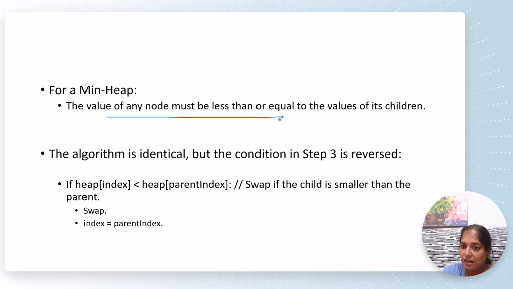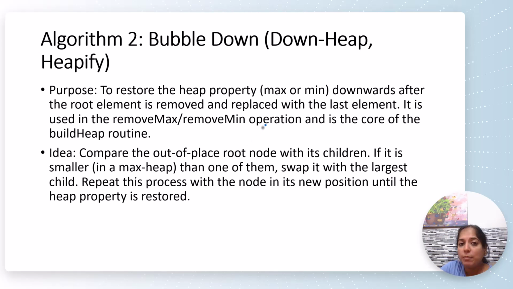If it is a min heap, then your condition will be changed. Rest of the other things will remain the same. In the bubble down algorithm, whenever we are deleting the root element, which is the max element if it is the max heap, and the minimum element if it is the min heap, we compare the element downward.